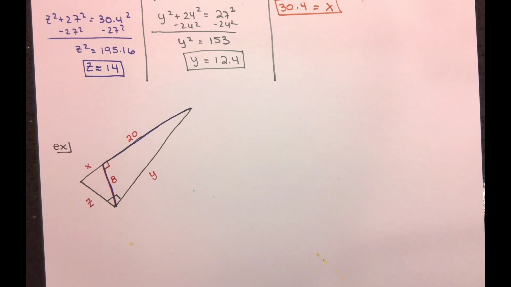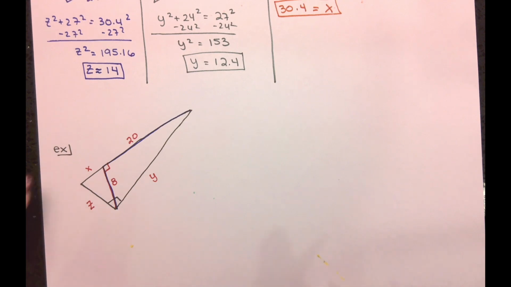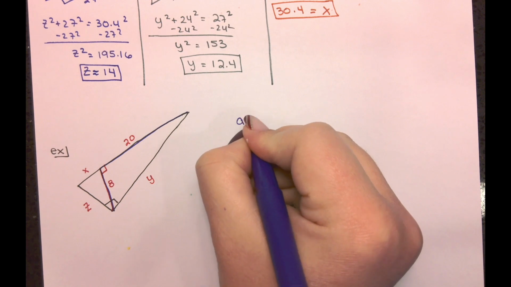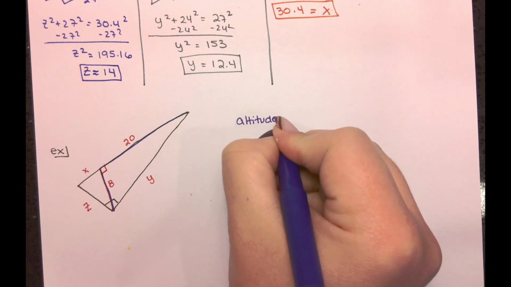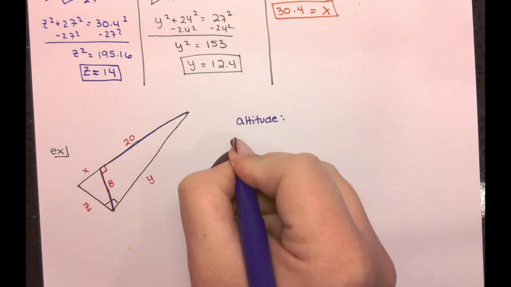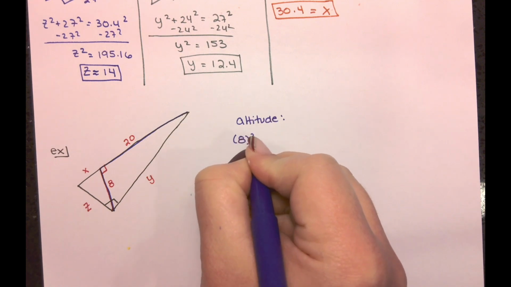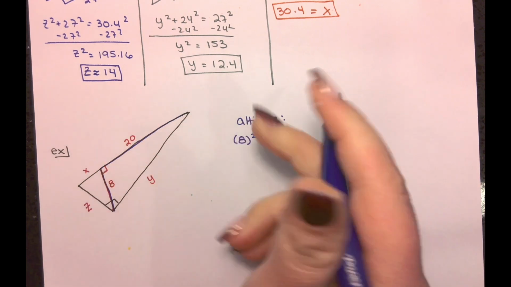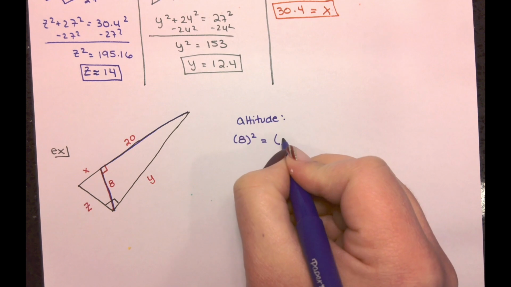If we look at the altitude theorem, the altitude says that we have the altitude, little chunk, and then the bigger chunk of the hypotenuse. So let's use the altitude theorem. So altitude is 8, little piece and big piece of the hypotenuse.